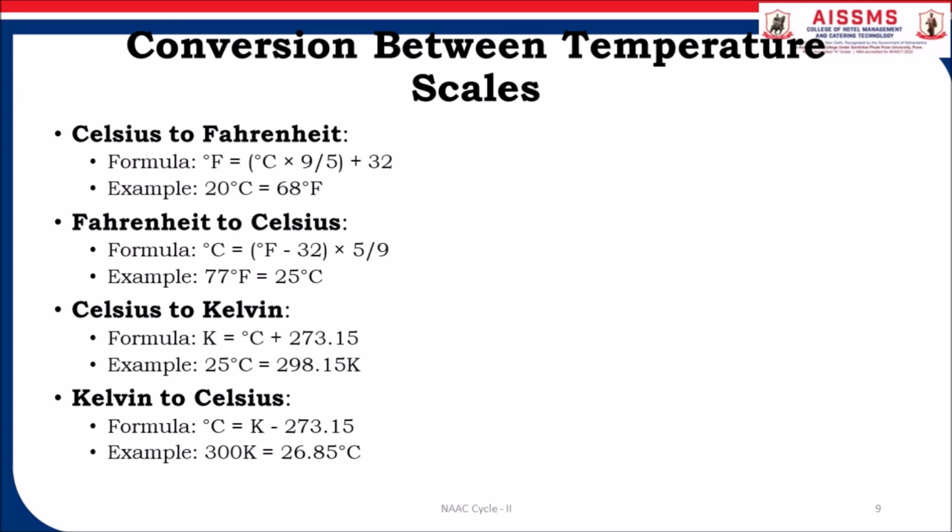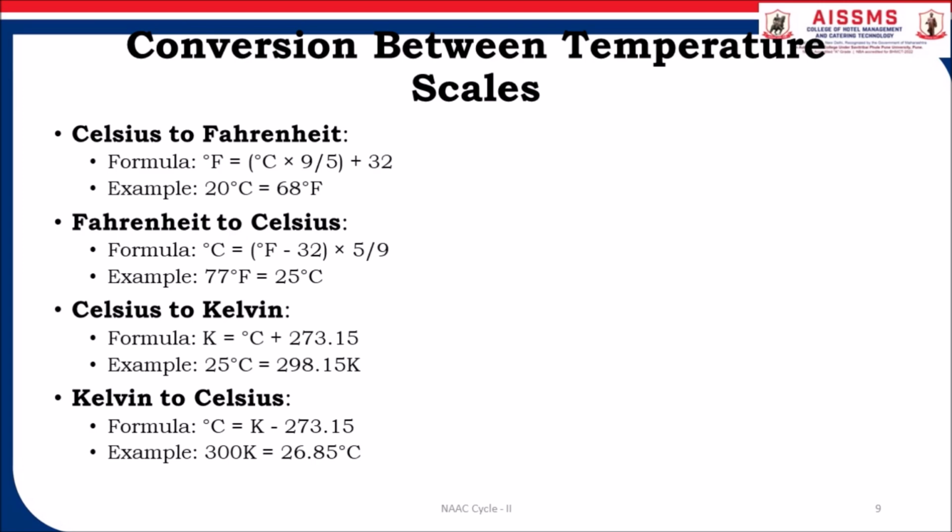This adjustment ensures that both the scales have their respective 0 points aligned. So when converting from Kelvin to Celsius, subtracting 273.15 adjusts the temperature to align with the Celsius scale. This adjustment allows us to express temperature in degrees Celsius relative to its 0 point, which is the freezing point of water. So 25 degrees Celsius is 298.15 Kelvin.